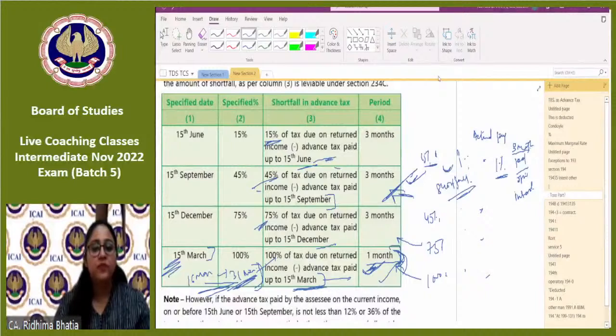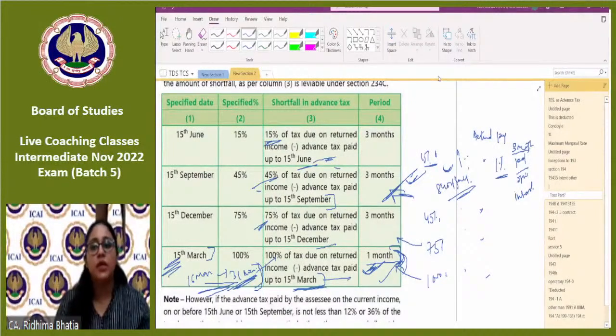Installment should have been 15% of 82,600, 45% of 82,600, 75% of 82,600, and 100% of 82,600. Okay. Now, what are the actual scenarios? Actually, payment happened.